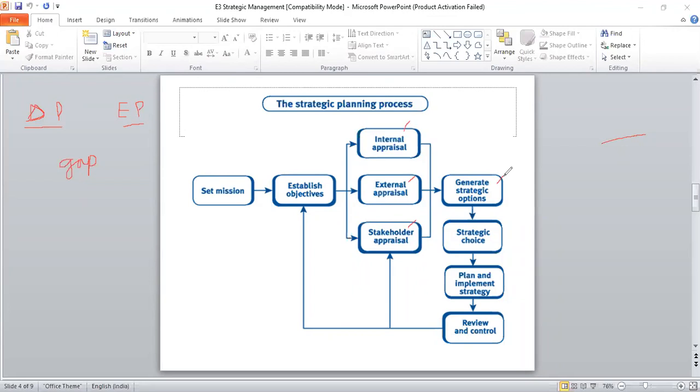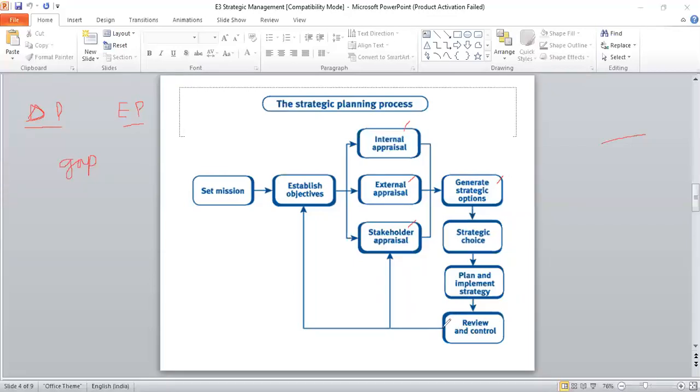Then the feedback is given. The feedback is given to this analysis process of internal, external, stakeholder analysis. The control measures are connected to that. The control is again connected to establishing the objectives also. The arrow is connected to establishing objectives.